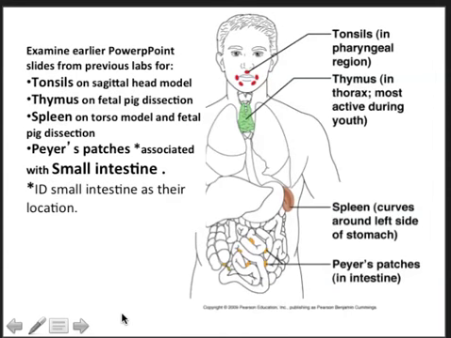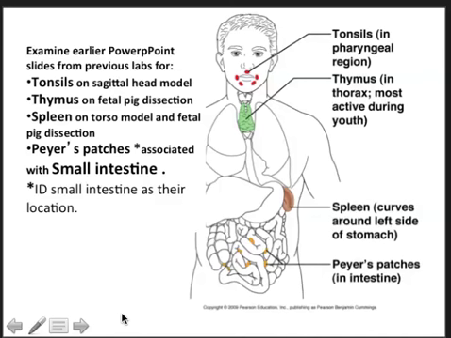You want to make sure that you examine the PowerPoints that touch on the location of the tonsils, know where they are in the sagittal head model, know the location of the thymus, be able to locate the spleen on the torso model.